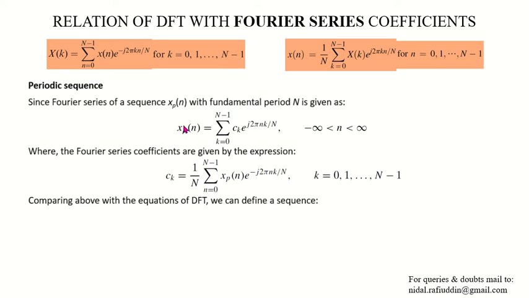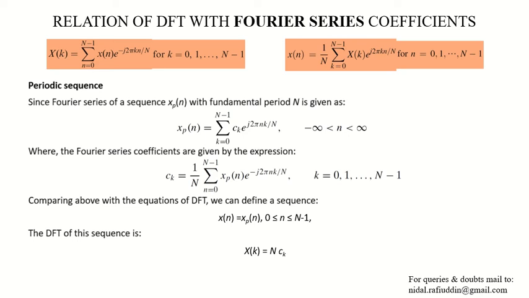So if you compare this particular equation with this one, we have almost a very similar sequence, and thus we say that x[n] is related to x_p[n] when n is defined for 0 to N minus 1. So there exists a relation between x[n] and x_p[n] for this range of n. And the DFT of this sequence is thus given as X[k], which is equal to N times c_k.